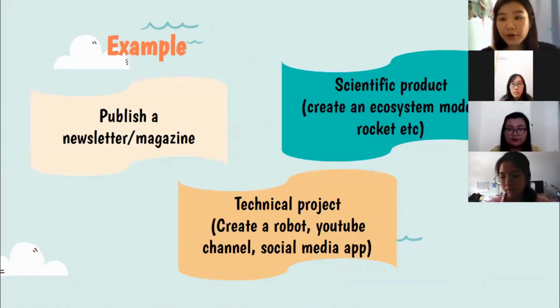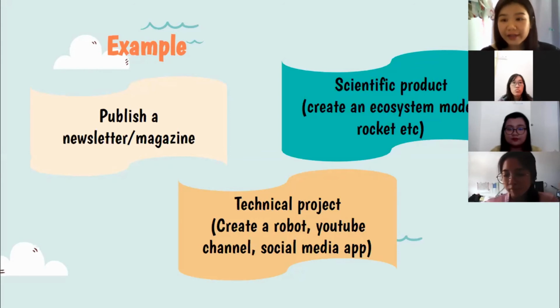For examples of project-based assessment, the first one is to publish a newsletter or magazine. A group of members can have a discussion in publishing a newsletter and magazines. The next one is the technical project. For example, creating a robot, a YouTube channel, or social media applications.